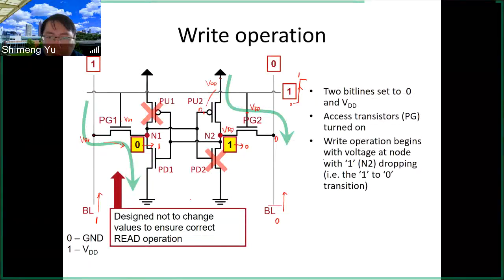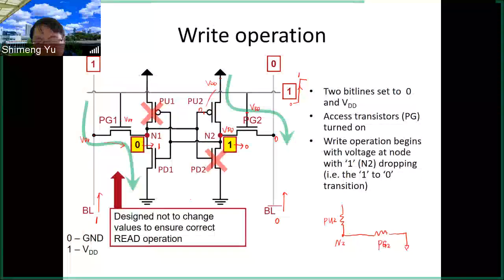And we can also use the resistor divider model to look at this right hand side. So here on the right hand side, we care about this PU2 and this PG2, and this is your N2 node. So initially this N2 is 1, and we want it to change to 0.